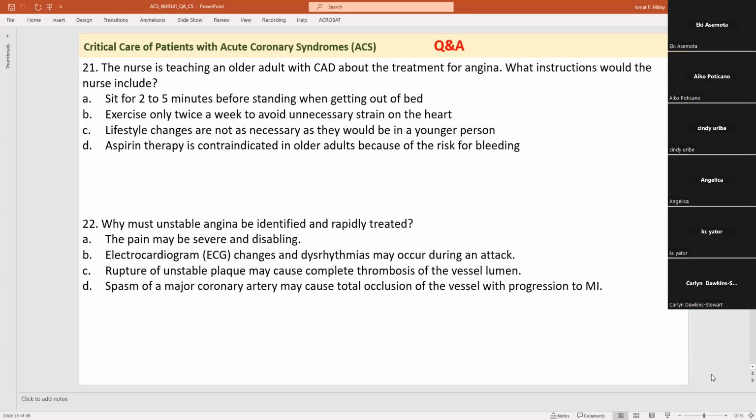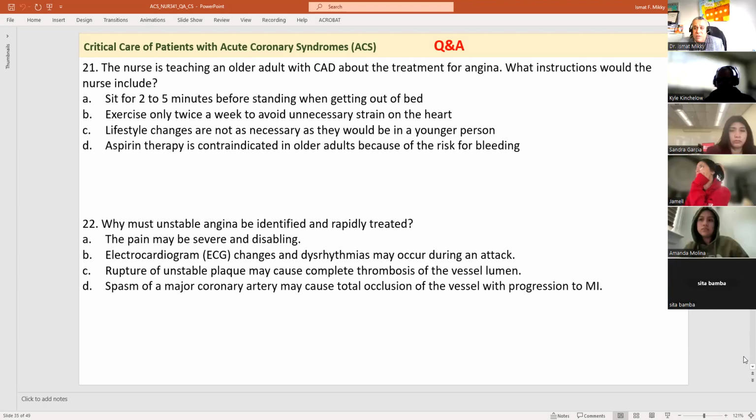So it's kind of exposing the blood vessel for the atheroma or plaque to be formed. So C, the rupture of the unstable plaque, may cause the complete thrombosis.